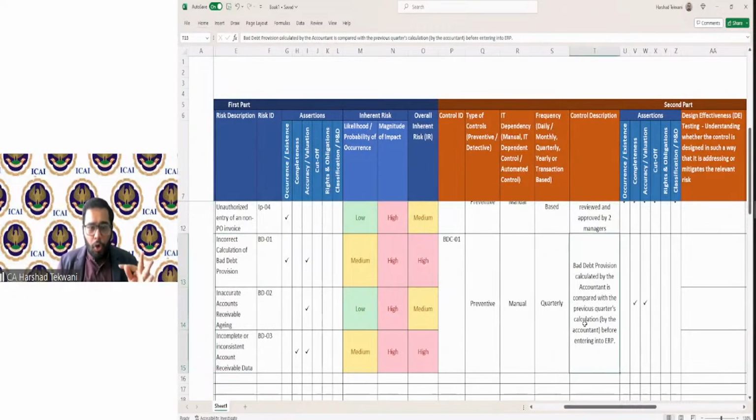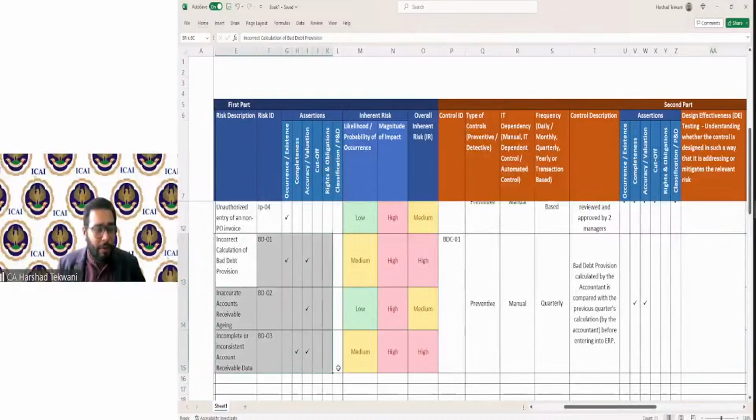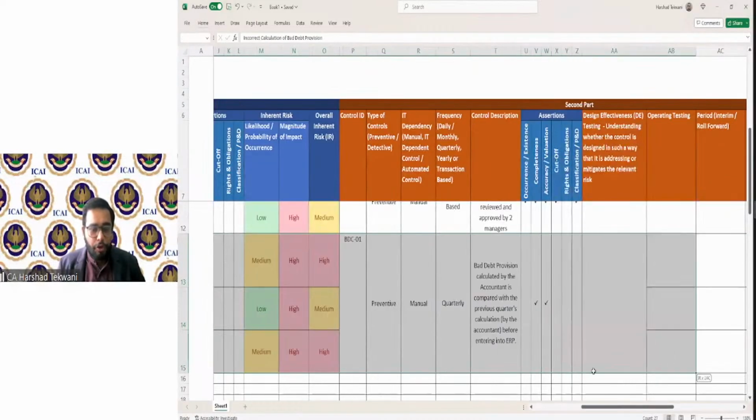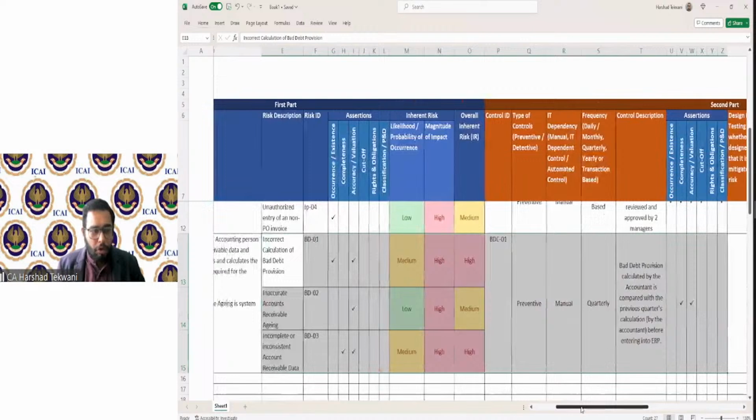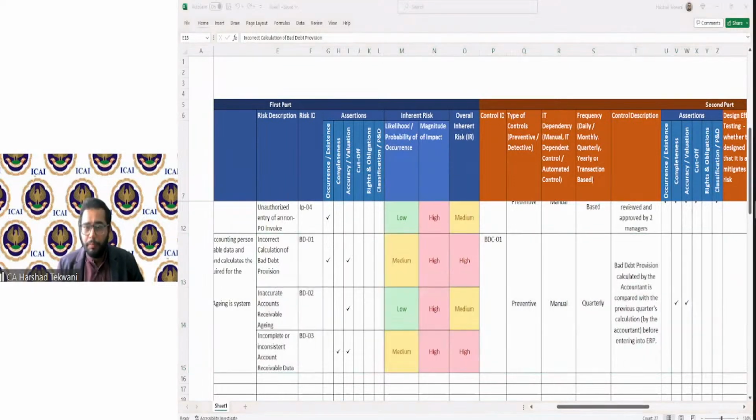Do you think this control is appropriate and able to stop or mitigate these kinds of risks? Do you think the control is designed appropriately so that it can stop the risks which are present over here? So the risk over here and the control over here. Do you think that control is sufficient to stop the risk? Logically, I'm asking.